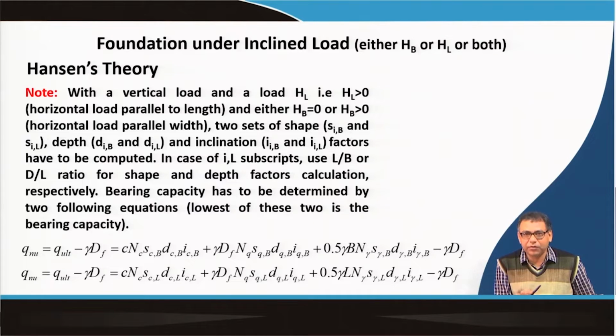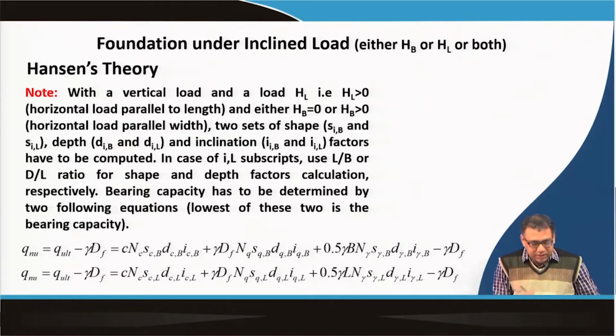I have already discussed the Hansen theory in previous lectures, but those can be used if the loading is perfectly vertical. If the loading is inclined, then you have to make a few modifications. So, what are those modifications?